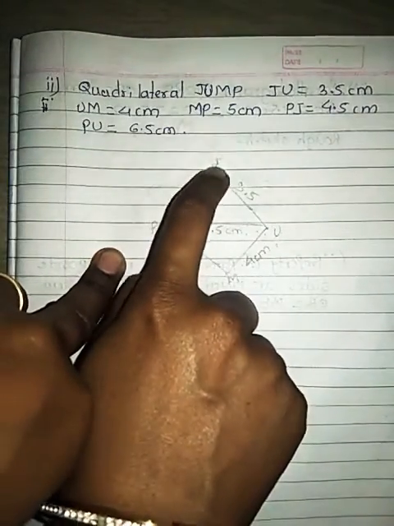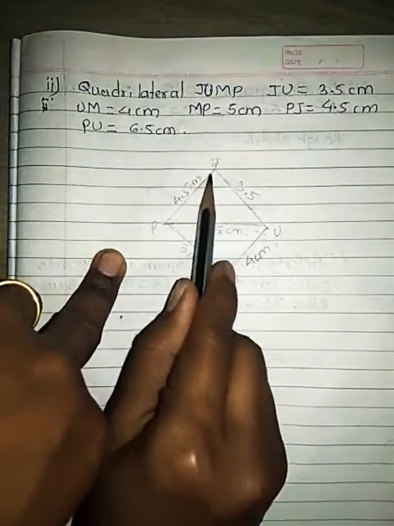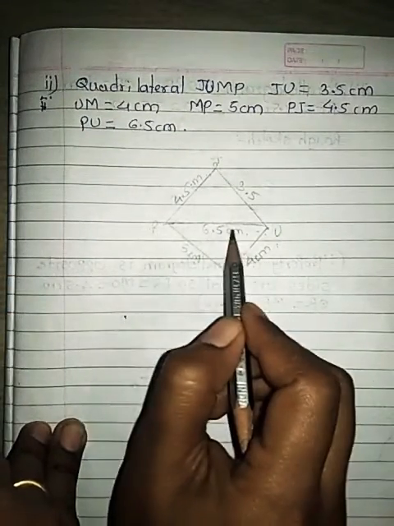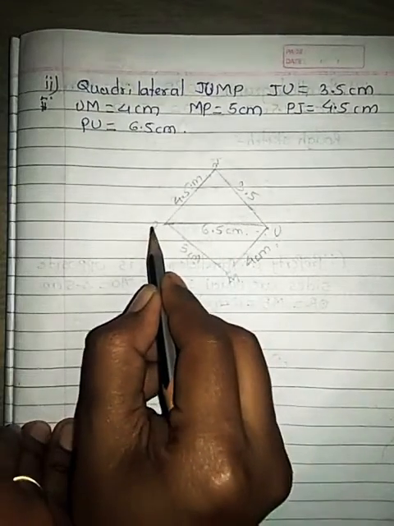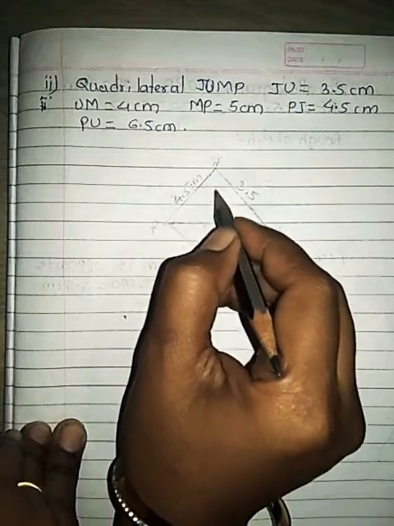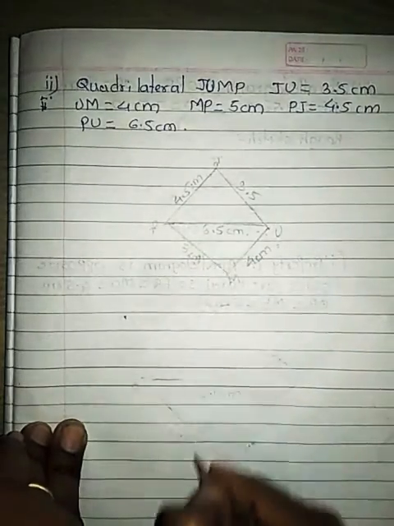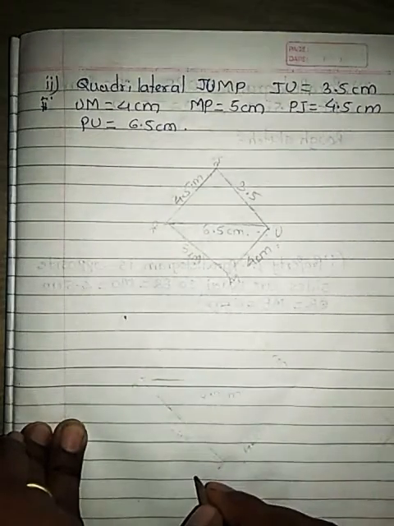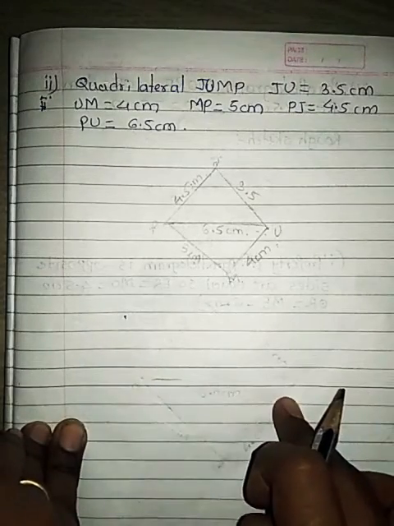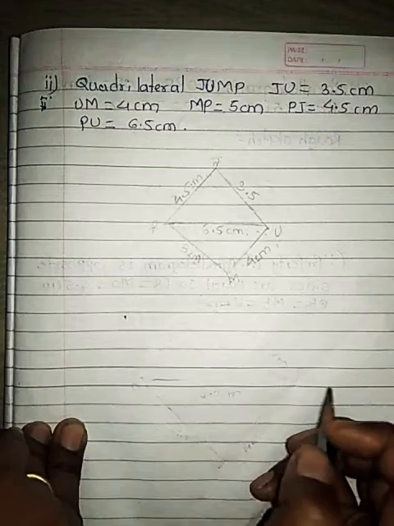Now here I am starting J from here because I want this PU as a horizontal. If I start J here, then this PU will be vertical. Then you can construct like that also. You have to take this vertically and then make an arc horizontally. That will also be possible.